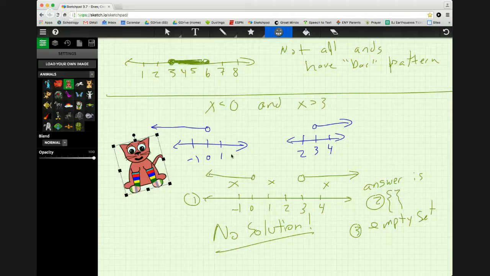There are also other patterns that can work out. But the key is for you to find the overlap of where the two things are true and then to graph that. And if there is no overlap, then the answer is the empty set or the null set, no solution, a graph with nothing on it.